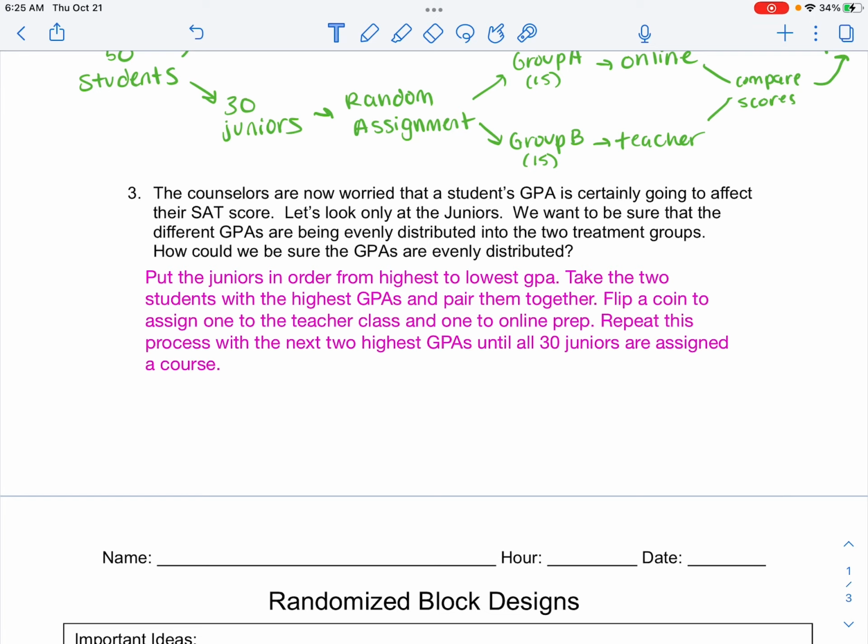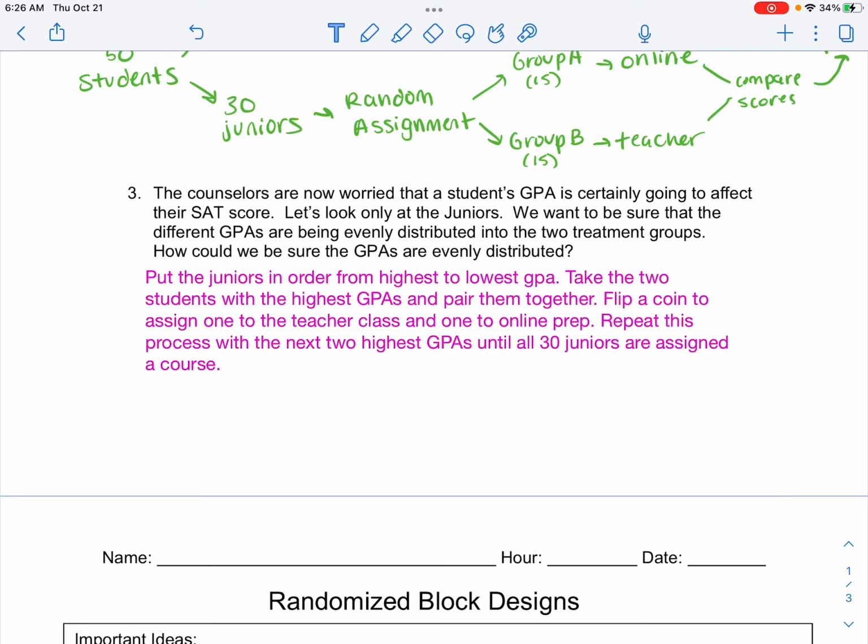So in this type of a design, I'm able to actually compare the two people that had the highest GPAs. I'm going to compare how the prep classes affected them. The two people with the second highest, I'm going to compare, and here I'm going to compare them directly. So I'm going to have the two different groups, who's in online and who's in prep.